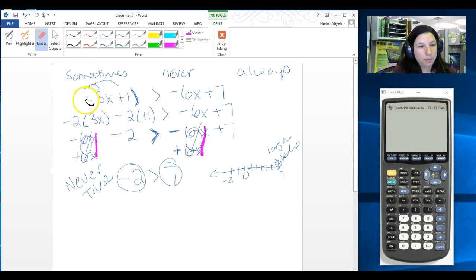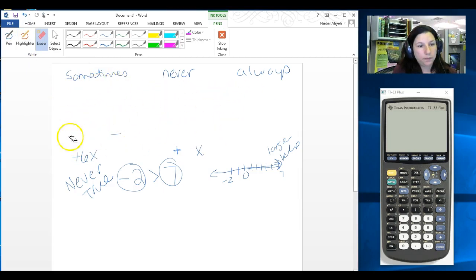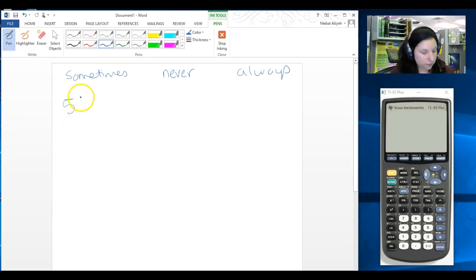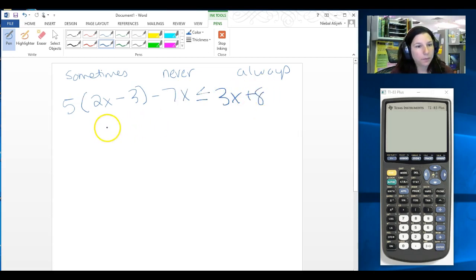Let's look at another example. I'll show you another one where the variable is going to cancel. Five times 2x minus 3 minus 7x is less than or equal to 3x plus 8.